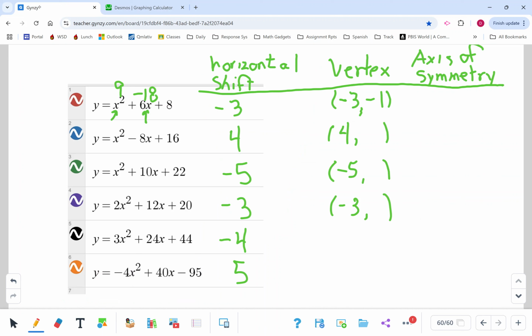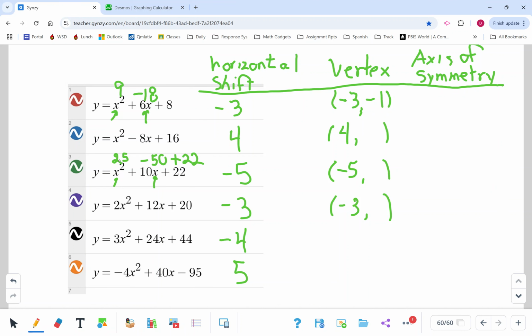Okay. On another one, let's try this one right here, the green one. I know that the x-coordinate is negative 5, so I'll put a negative 5 right there, and then calculate away. Now be careful, when you square a negative number, you are supposed to get a positive number. So negative 5 times negative 5 is positive 25. 10 times negative 5 is negative 50. And then plus 22.